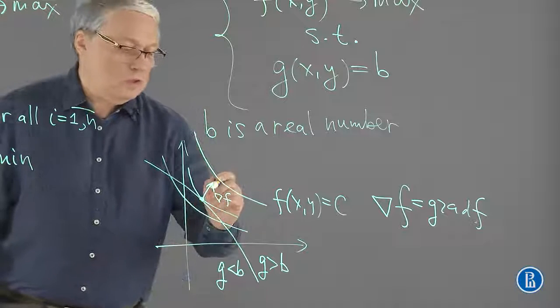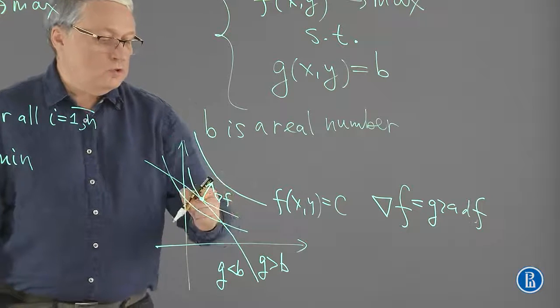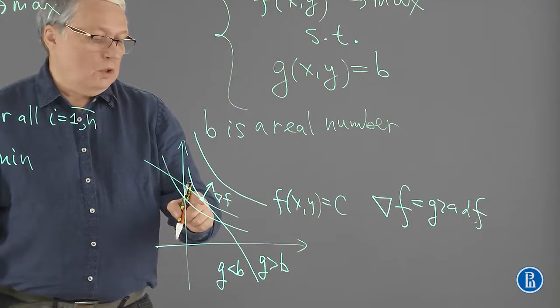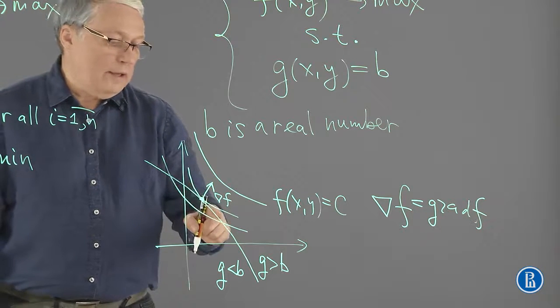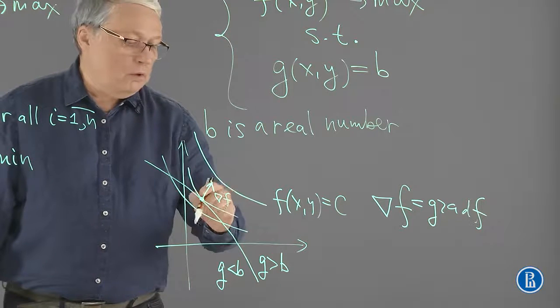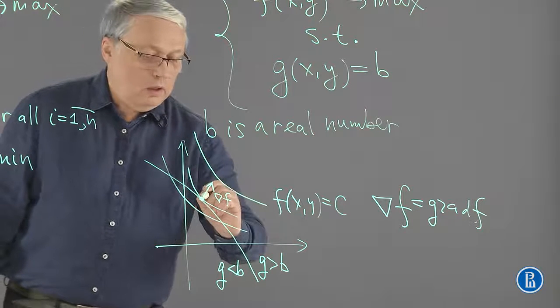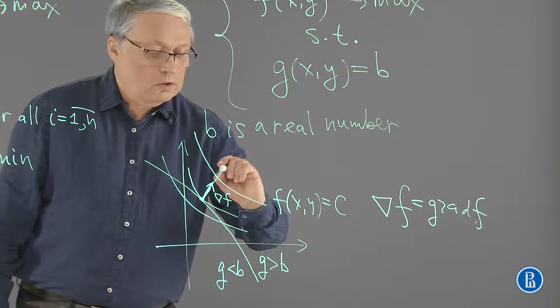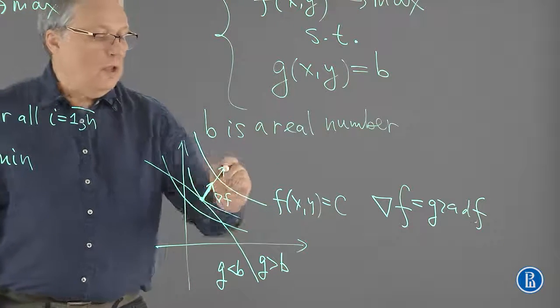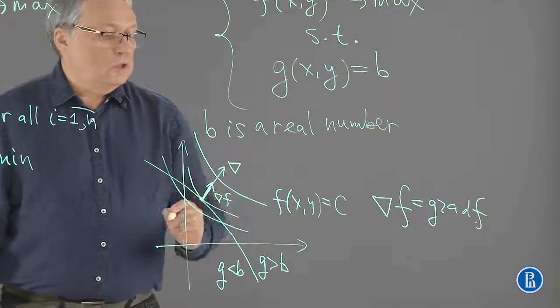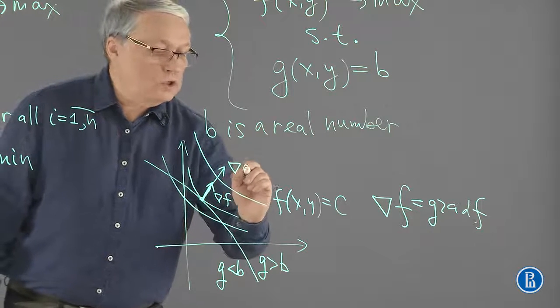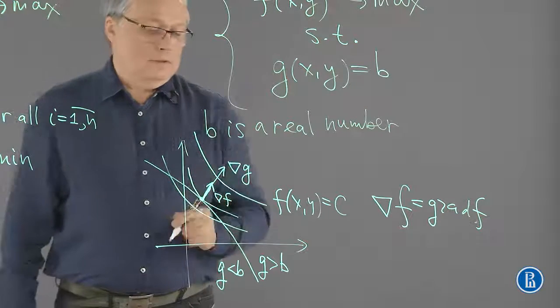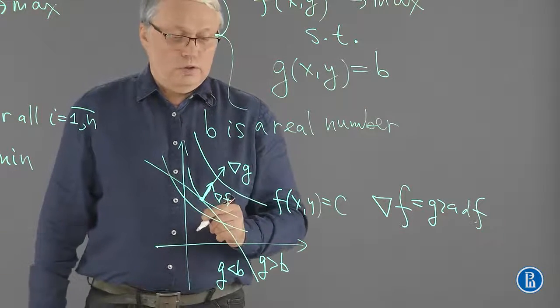That means that the gradient of g is also perpendicular to this common tangent line, so they're both parallel to each other. Well, not necessarily do they have the same length. So this longer arrow will be an indication of the gradient of g. Once again, I'm using nabla as a notation for the gradient.